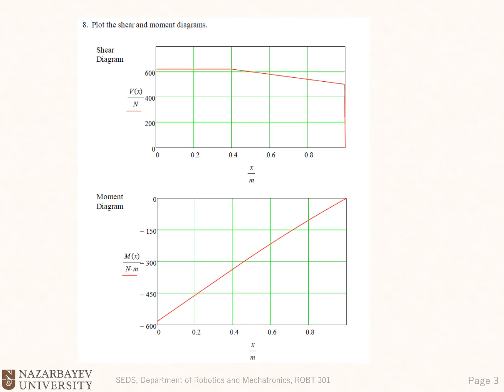From the graphical method, you know that you could find the diagram of the moment by integrating the shear diagram. And you see that from 0 to a, the shear force was constant, equal to F1.